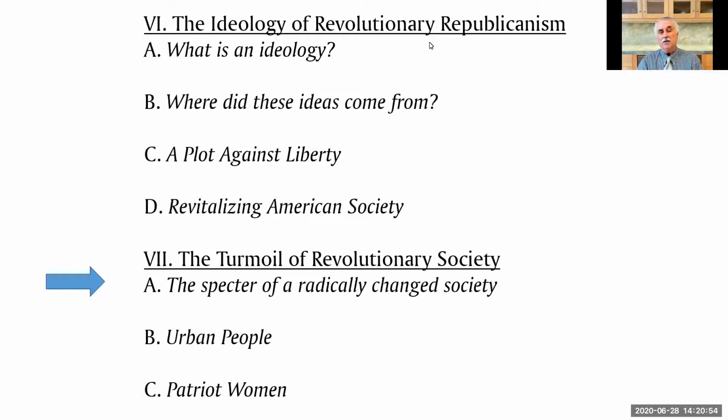So the United States clearly was a republic. The people were sovereign. That's why the Constitution starts with the words, "We the people." The people are sovereign, not a king. But the question is, which people? White men, white women, black men and women, Native American men and women?